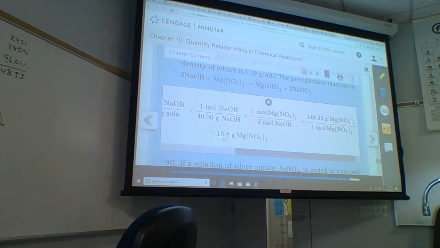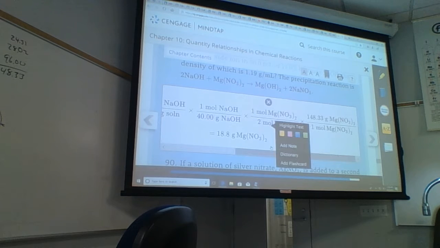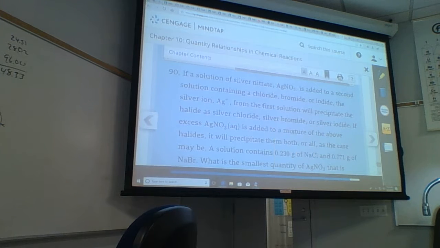They end up with 18.8. You get 3 sig figs. It's just a standard grams of A, moles of A, moles of B problem. We just had to do some extra steps with grams of A, since we aren't given it directly.